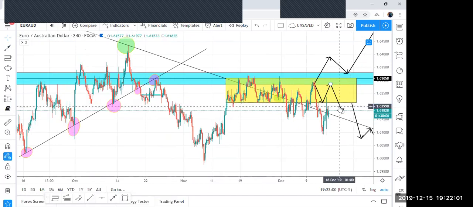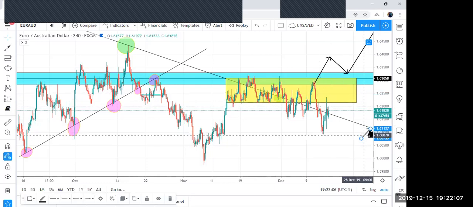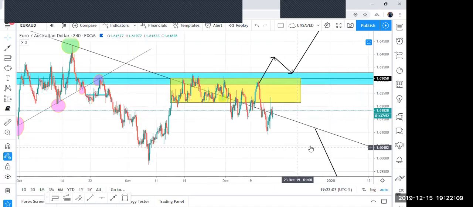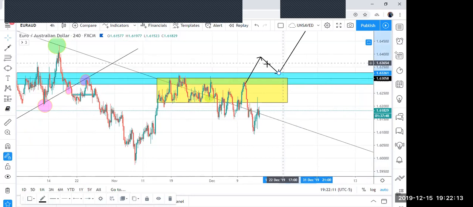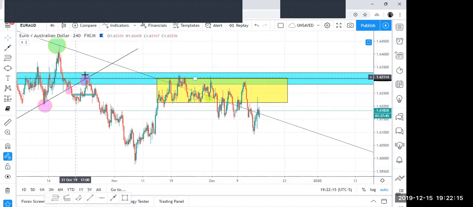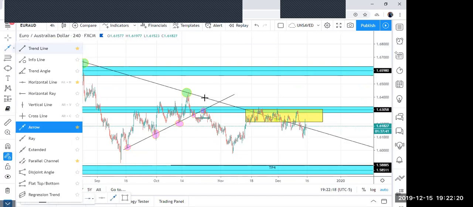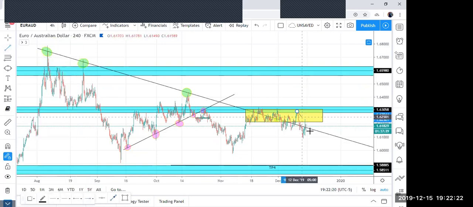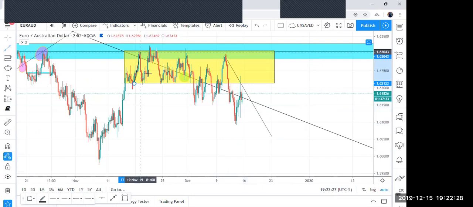So I actually like this to drop this week. I see price has been consolidating in this box.